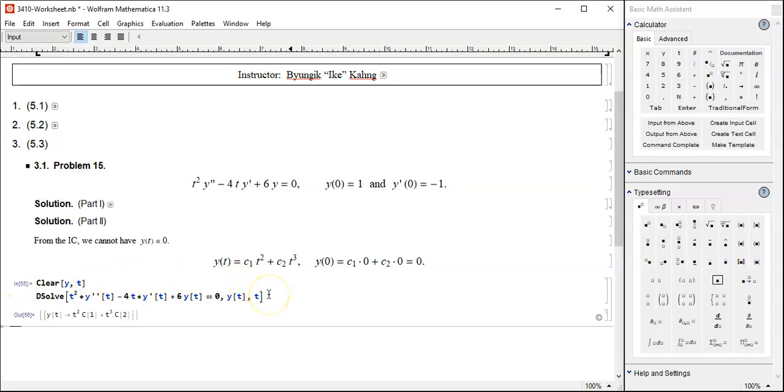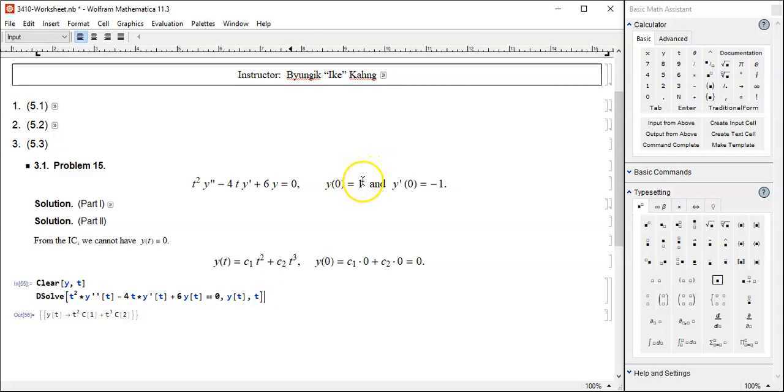So I did everything right. Mathematica found the same answer I did. So we have t squared times the first constant, t cubed times the second component here. So yes, this is the same as Mathematica's answer using the dsolve command.